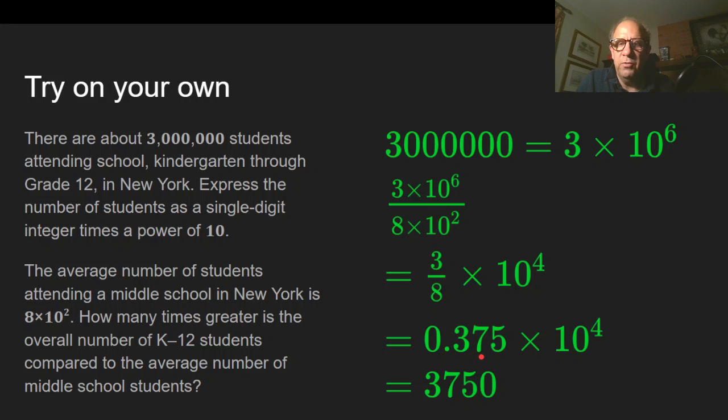Move 4 spots to the right. 3, add a 0 for that last missing spot. 3,750. So the total number of students in the K through 12 schools in New York is about 3,750 times the number in just one middle school.